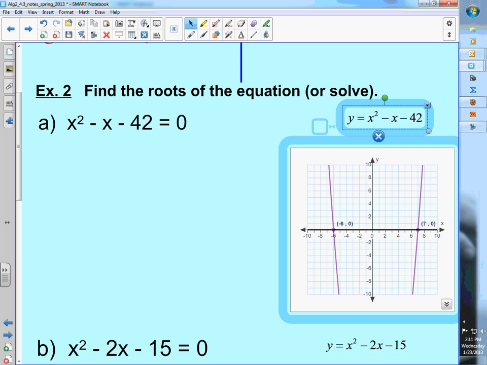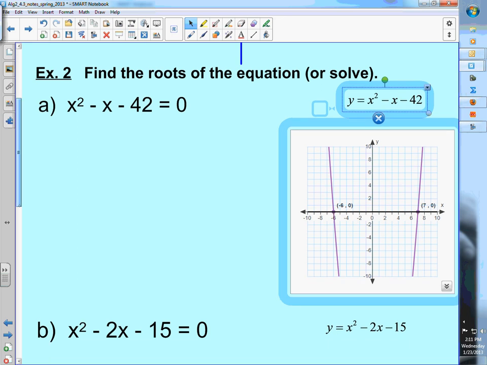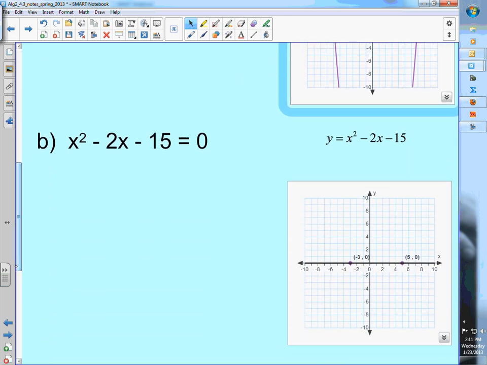Why do you write such big equations to bother you. X squared minus 2x minus 15 is your function. You can factor it. How does this one factor?